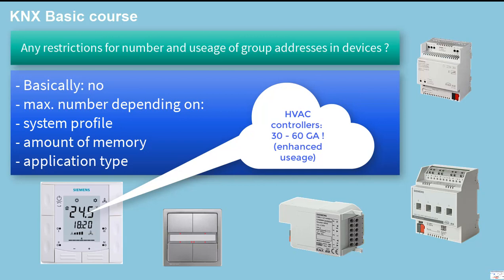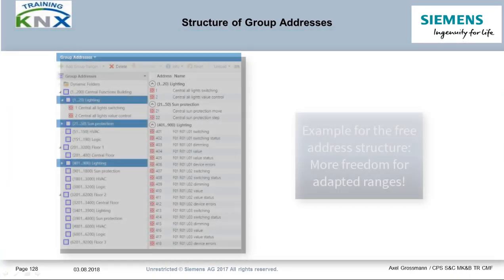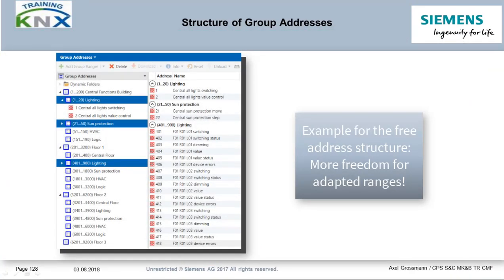In this case, it will pay off to use the free address structure, because ETS offers free-scaled containers here. Especially the address containers for central controls would be much smaller, so no group addresses would be lost by the rigid tree-level structure.